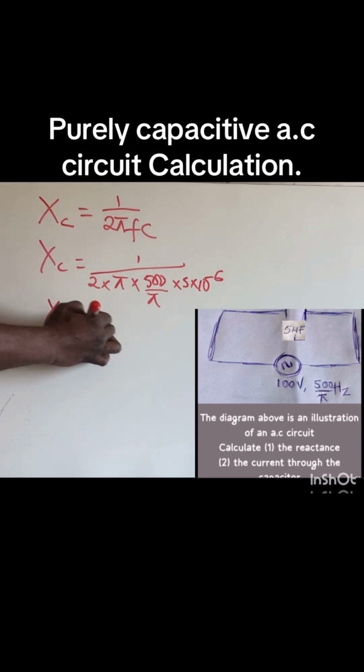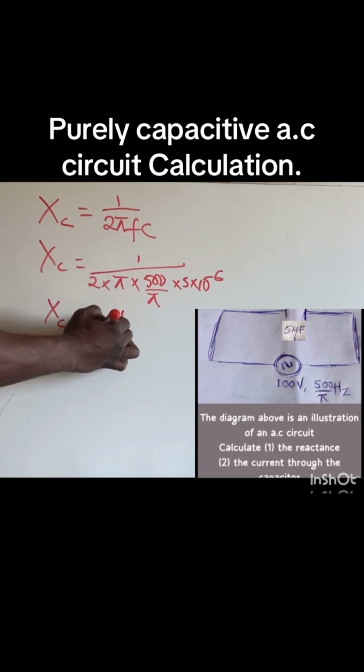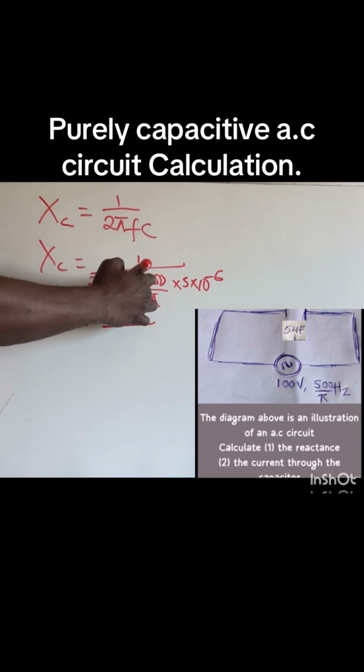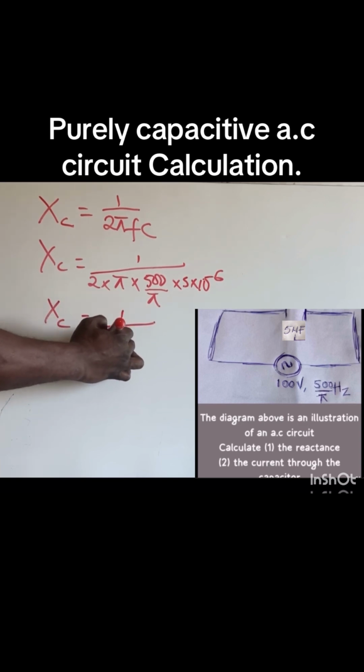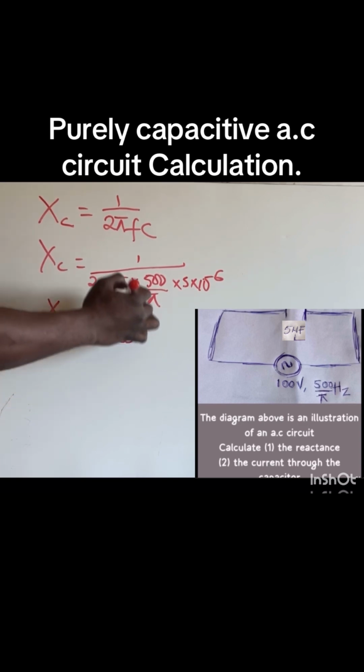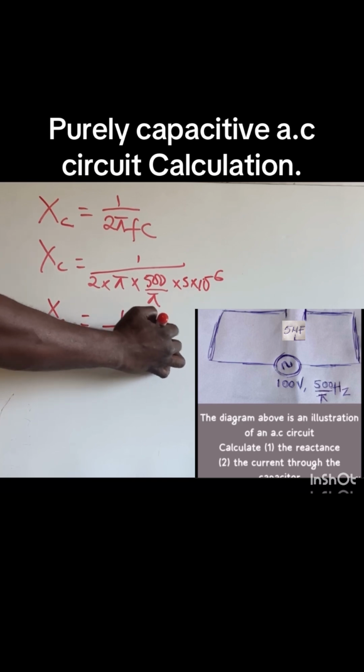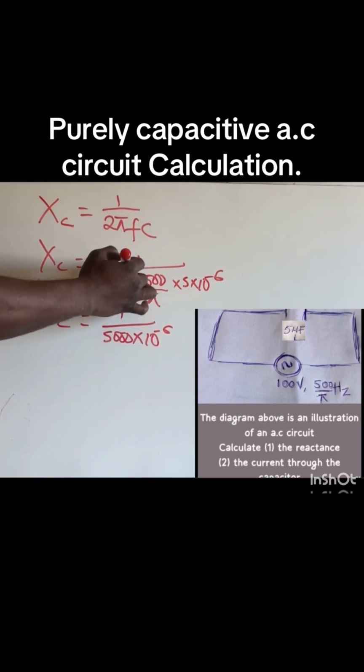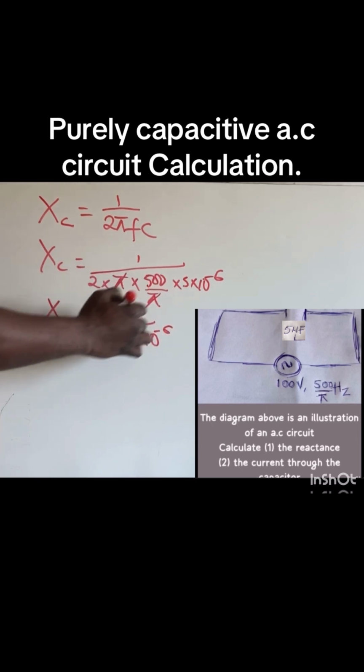We have the capacitive reactance as 1 over, we multiply the values, 2 times 500 times 5 is 5,000 times 10 to the power minus 6.